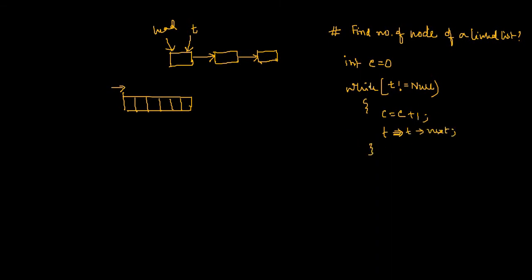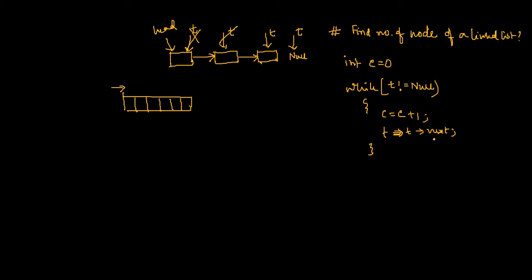The loop will break when t comes to null. In this situation, t is not null, so count becomes 1. Then t equal to t next, so t came here, t is again not null, so count becomes 1 plus 1 equal to 2. Again t equal to t next, t becomes here, still not null, so count becomes 2 plus 1 equal to 3.